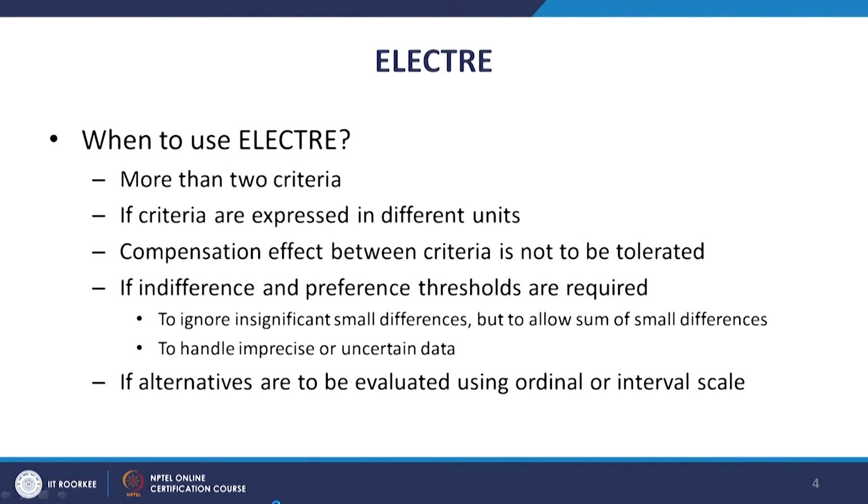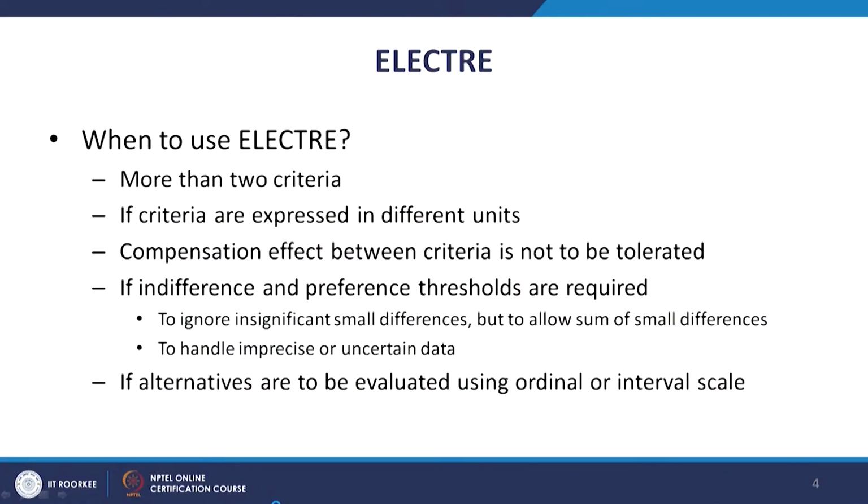We can get away with some level of impreciseness because the indifference threshold is there. If there is little difference between two alternatives, we can still make comparisons, and therefore we can handle imprecise or uncertain data in this particular technique.